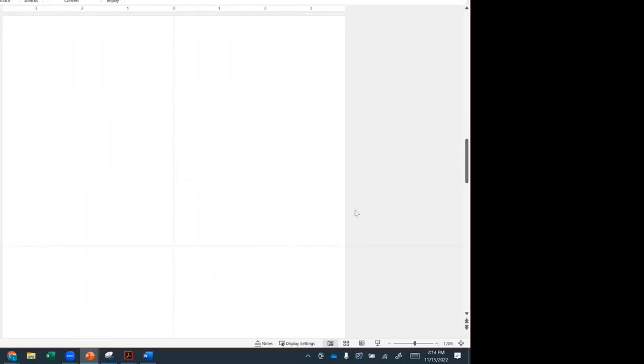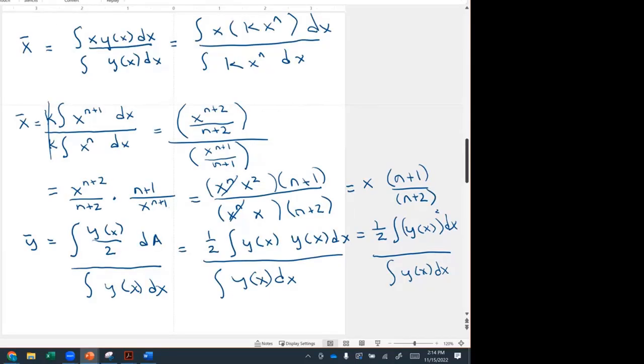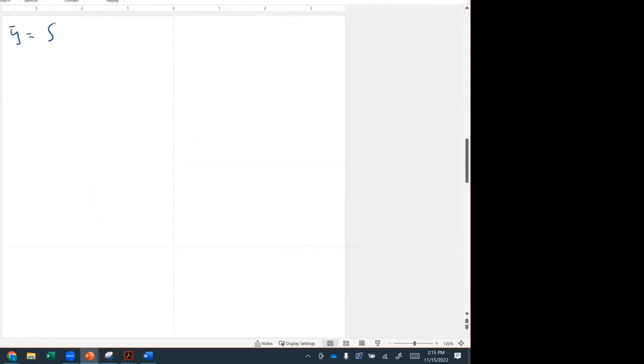Let me rewrite: y bar is equal to the integral of 1/2 y squared dx, and y of x we know is kx to the n. We're going to square that. Okay, y bar equals the integral of kx to the n squared dx times 1/2, divided by the integral of kx to the n dx.